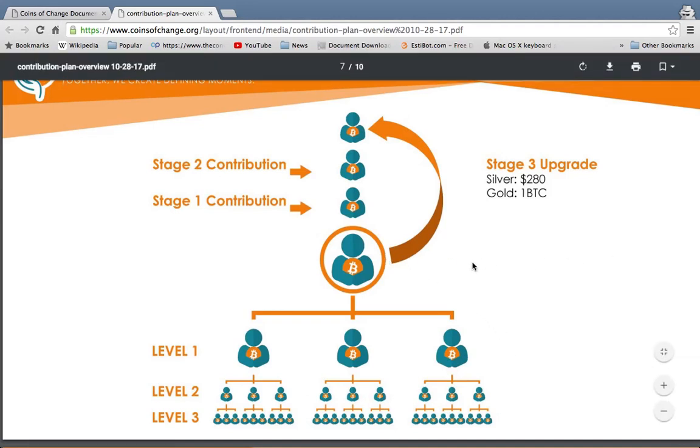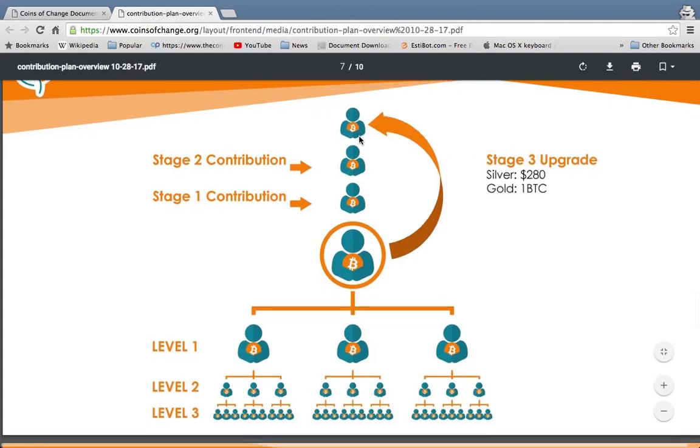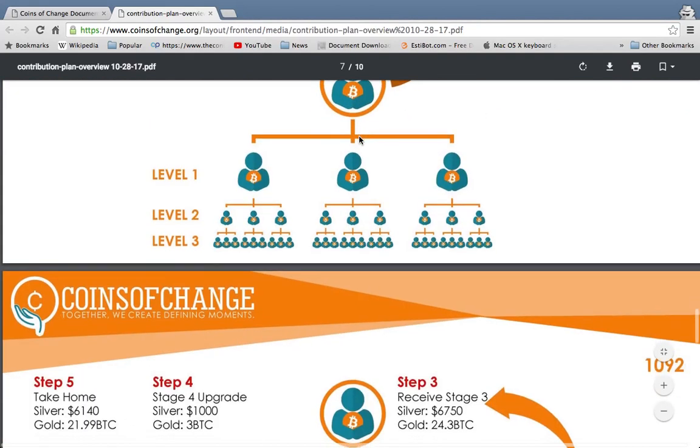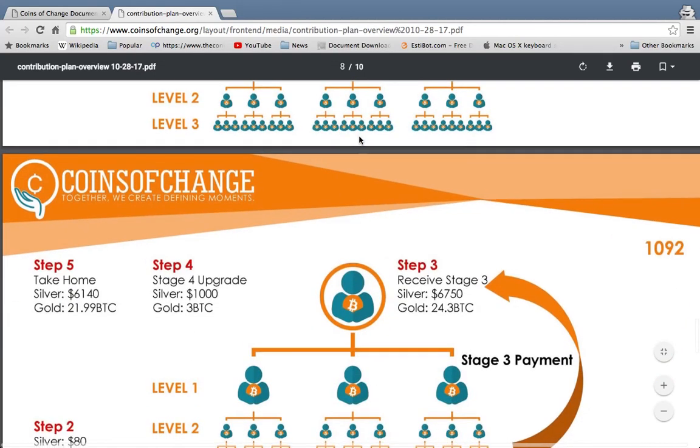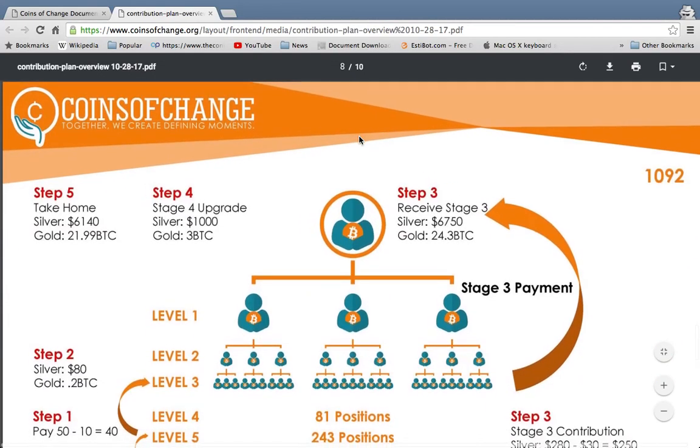Okay? So this was your stage 1 contribution. This was your stage 2 contribution. And now you're making your stage 3 contribution, which goes 3 people ahead of you. Okay? Are you with me? Are you with me? This should all be making sense now.